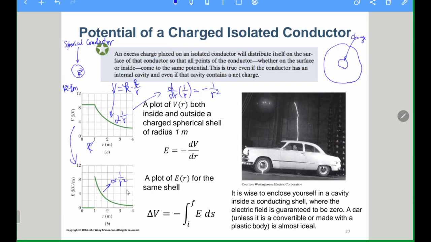Or if it is the other way around, you integrate this function, and then it becomes this one. Suppose there is an initial potential at the center, and you integrate along the radius. Then you integrate nothing because E is zero inside the conducting sphere. So you get a zero for this integration, meaning delta V is zero, and we have the same V all the way inside the conducting sphere.